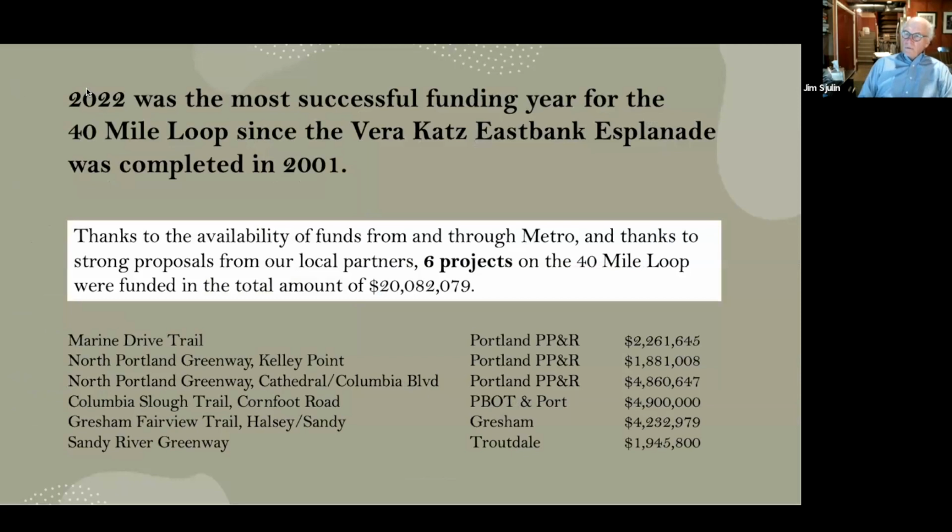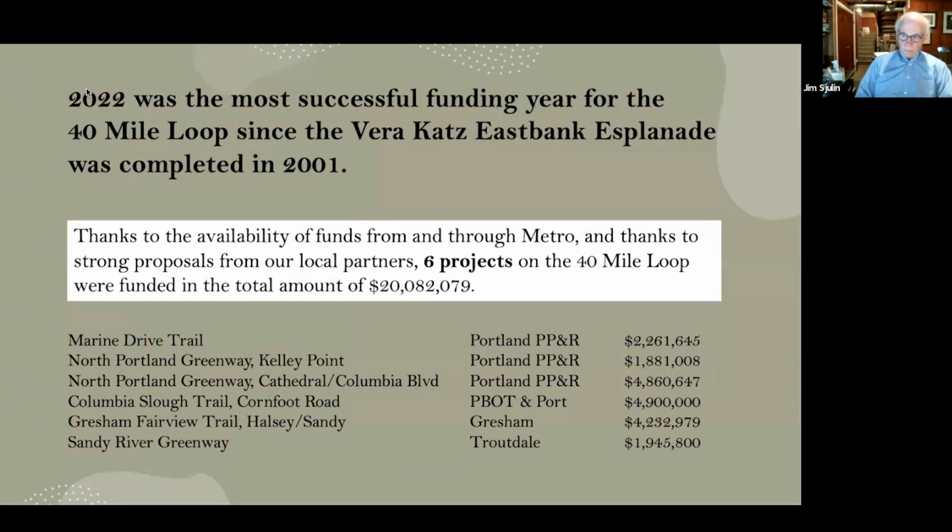So 2022 is the best year we've had for funding on the 40-mile loop in a very long time. And the reason is that our partner at Metro had bond measure money that they were distributing through a grant process. And there was also some federal money in that mix.